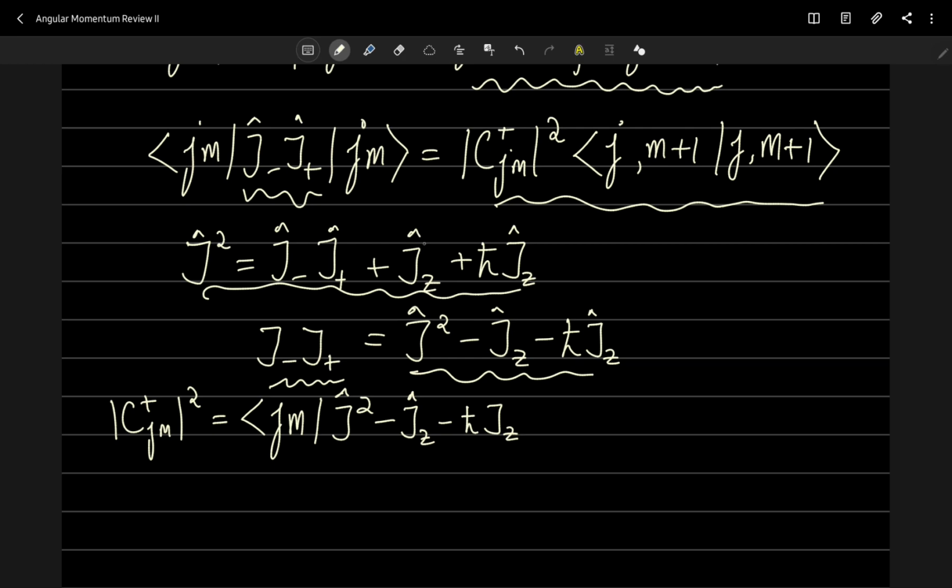We have a square on this Jz, so we'd have a square on this. I'm sorry, I forgot this squared over here.